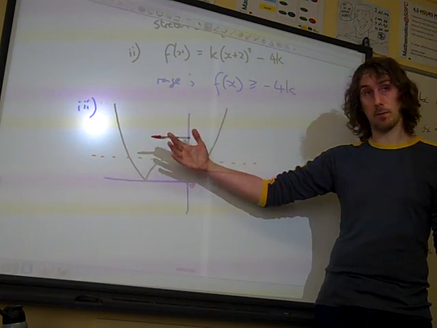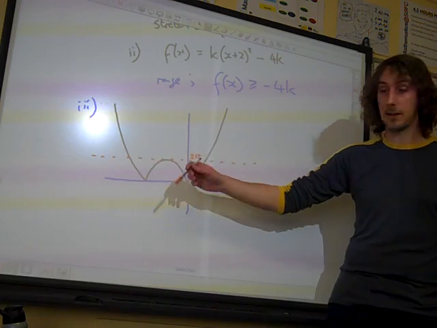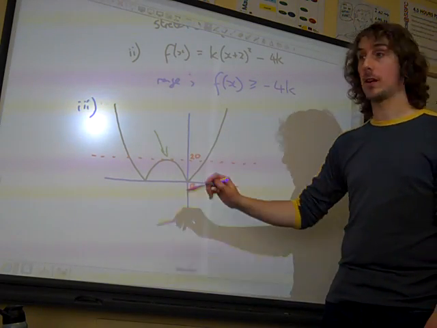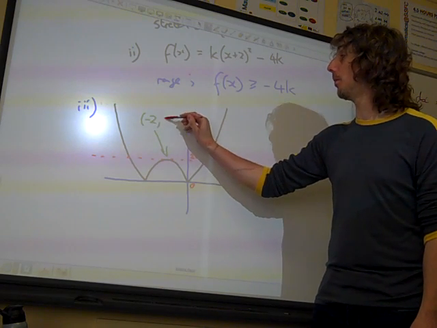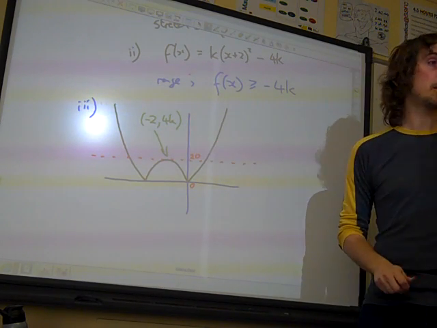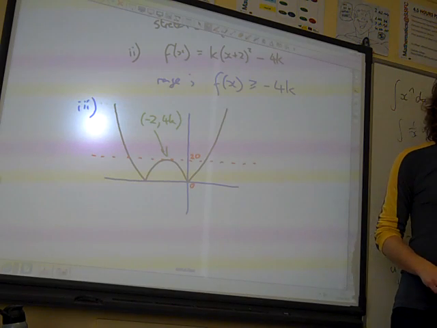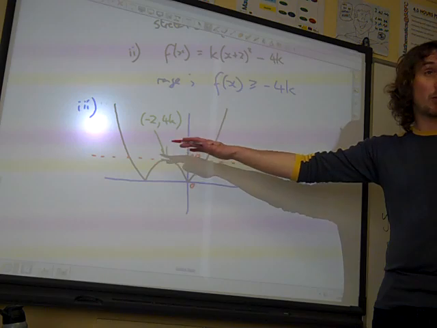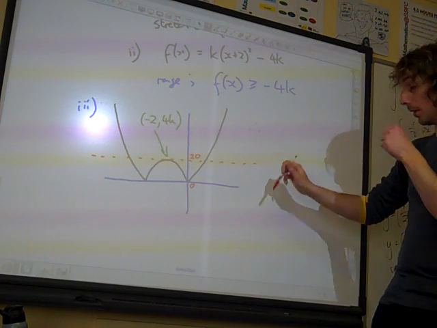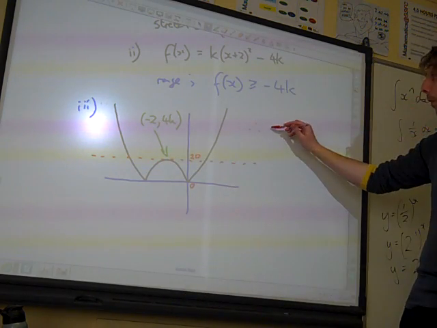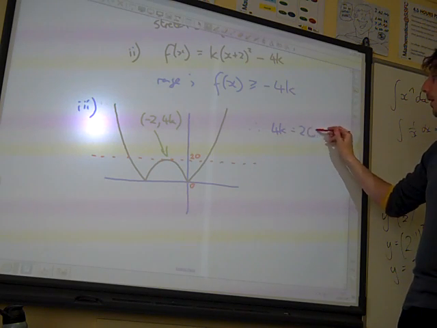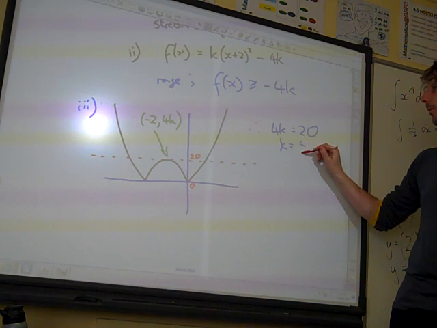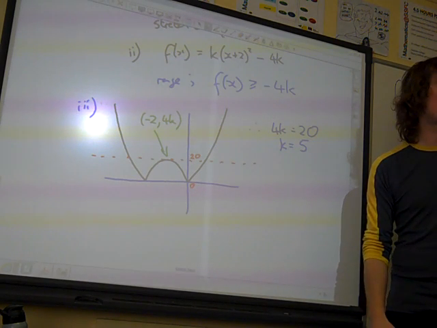So once we've taken the modulus of that, this point here is the point (-2, 4k). And if it's got exactly 3 solutions, that's at 20. So 4k equals 20. All along, k was equal to 5.